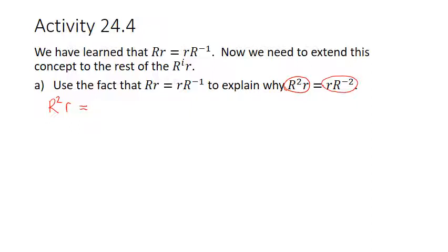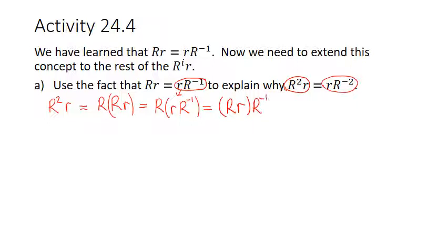Okay, so let me apply what I know. I think I can separate this into big R times little r. So if I break off that big R times little r part like that, I can substitute from up here and replace that with little r, big R inverse. Okay, now I've got the little r in the middle. Let me try separating again and putting this big R and this little r together.